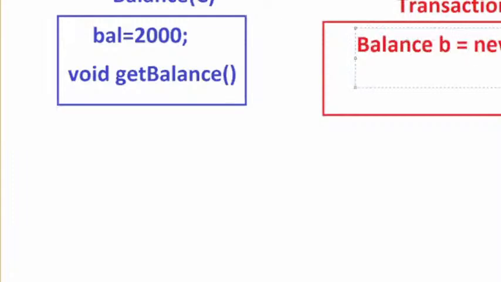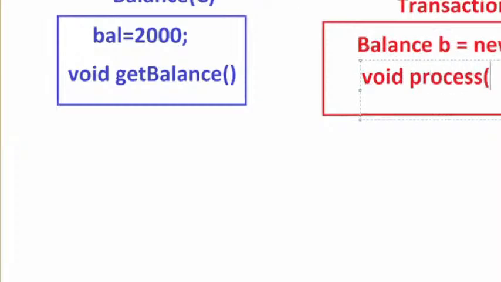Balance b is equal to new Balance. b is declared with the type Balance, a non-primitive data type variable. An interface can be declared with a non-primitive data type variable. One abstract method here, void process of int amount.